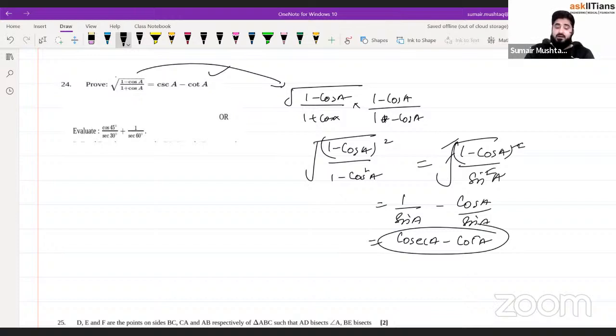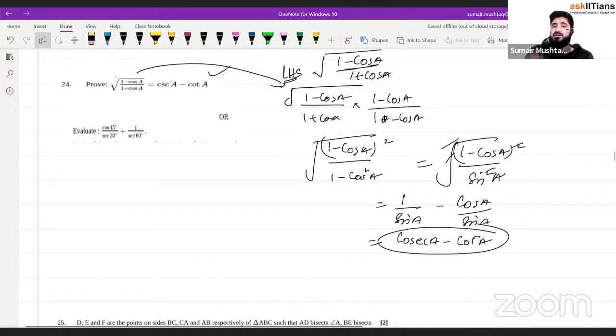Now, what is the pattern to write this in the examination? I have just given you the solution. See, you will start by taking the question. This is the left hand side. After that you take the question, that is root of (1 minus cos a) divided by (1 plus cos a).